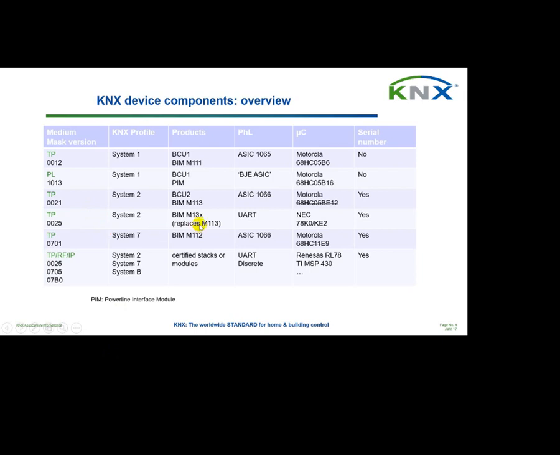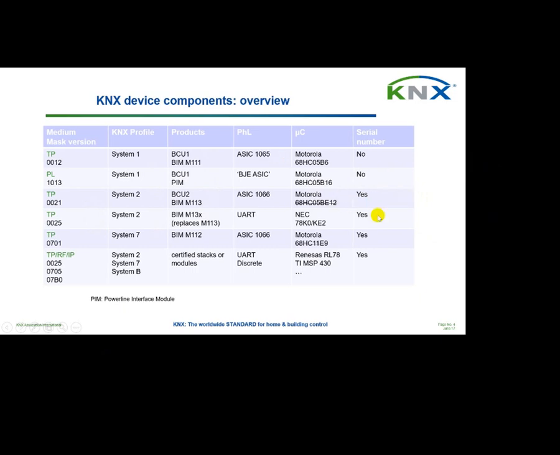Then also of course the KNX profile that is actually used, and the different products, so the product names that are used, the physical layer, specifically which components are used, which microcontroller, and whether the product, or the profile, if you want, or the component serves the serial number feature, yes or no.